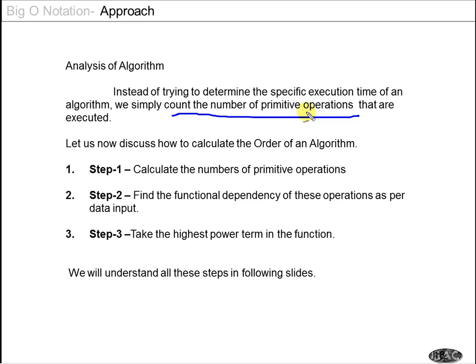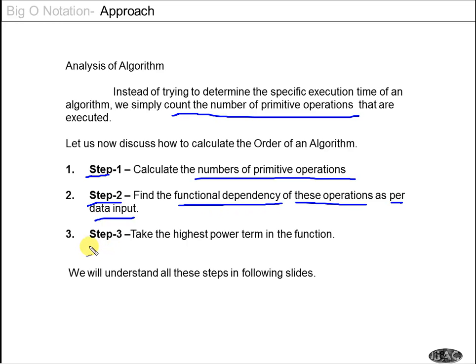So first, in Big O Notation, the fundamental concept is that we count the number of primitive operations that are executed for a particular algorithm. In step 1, we calculate the number of primitive operations. In step 2, we find the functional dependency of these operations on the data input, that is, how the number of primitive operations relates to the size of the input.